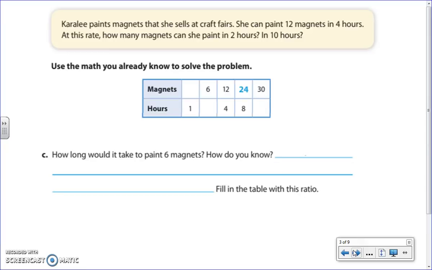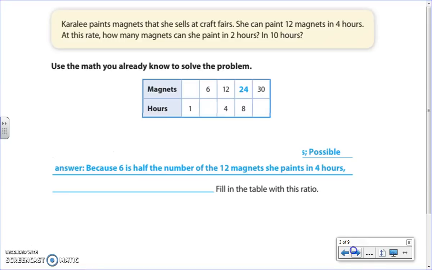How long would it take to paint 6 magnets? How do you know? Okay, so we've already kind of filled out this chart, but explaining how I know that it would be 2 hours for 6 magnets. The way the book explains is because 6 is half the number of magnets of 12 that she can paint in 4 hours.